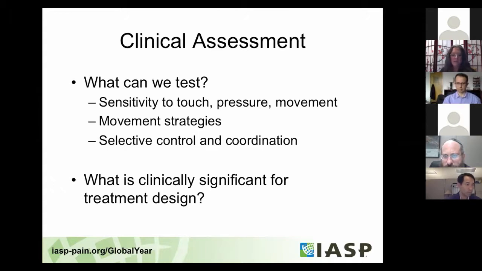We certainly have some measures like the Q-tip test that have been used in research and in clinics. We also look at how they move and whether there are changed movement strategies, and whether or not there is selective control of the muscles, particularly of the pelvic floor, and through the hips and the low back, and what coordination is like. And when we take that clinical assessment with a careful history and an understanding of what medications an individual is on from their physician to try and provide support, then we can use the evidence that's out there to try and create the most efficient treatment design.